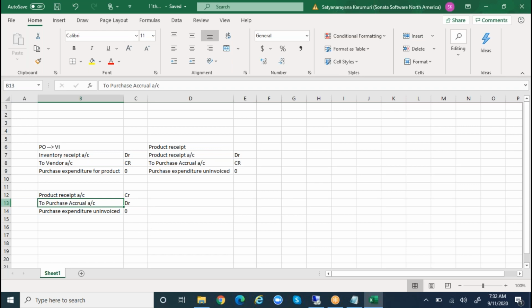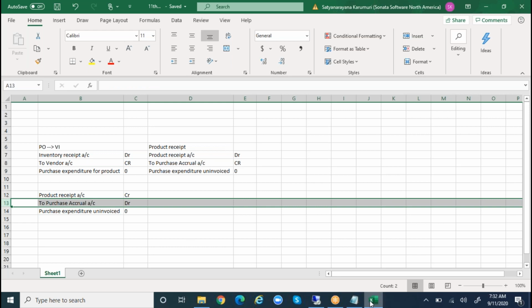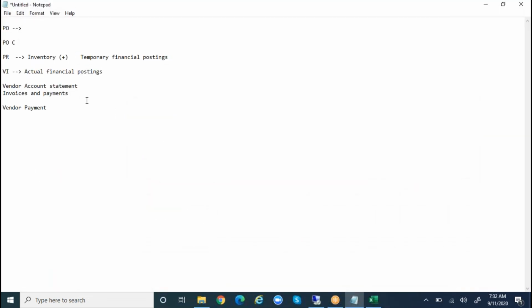Then you need to collect the invoice from the vendor. Suppose the vendor has already given the invoice but it has not reached you, then you ask for one more copy so that I will update it in the system. But the vendor account statement will not give a clear report, because the invoice is not done, right? Yes, exactly.